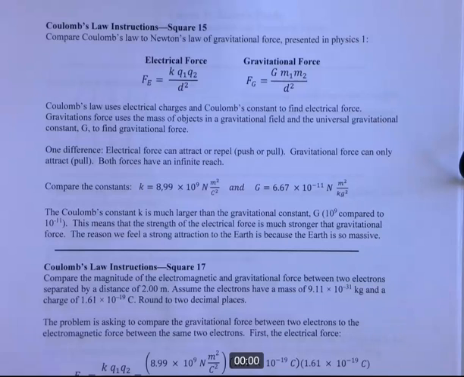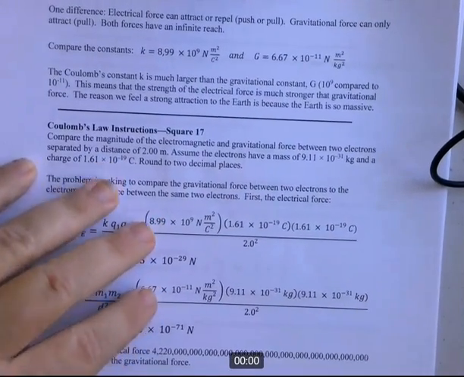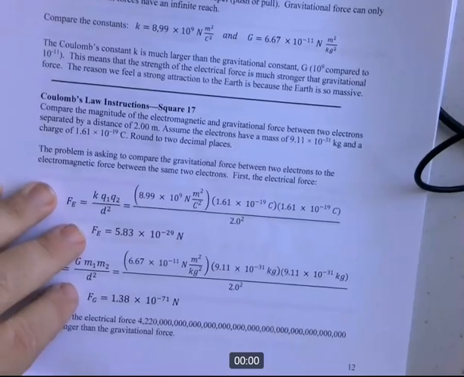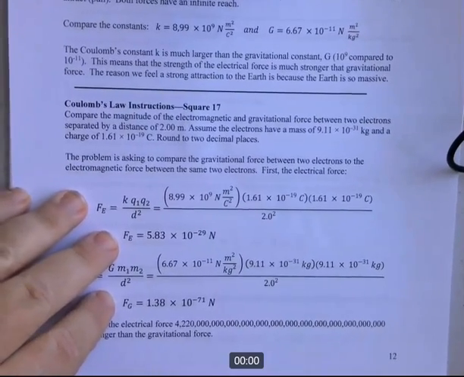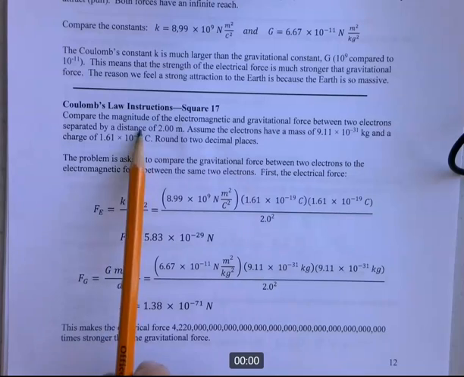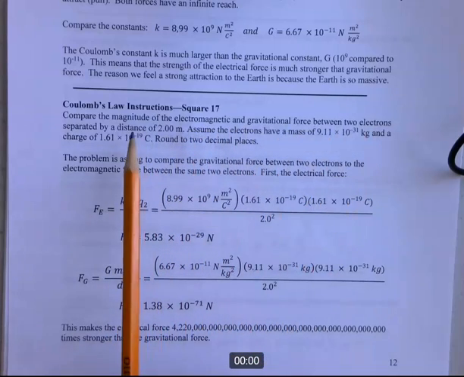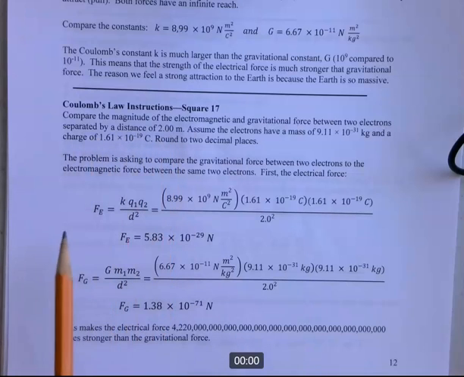All right, so here's a problem. They do an interesting problem. In the video, they ask you to compute both the gravitational and electrical force between two electrons and compare the strength of those forces. So compare the magnitude of the electromagnetic and gravitational force between two electrons separated by a distance of 2 meters.